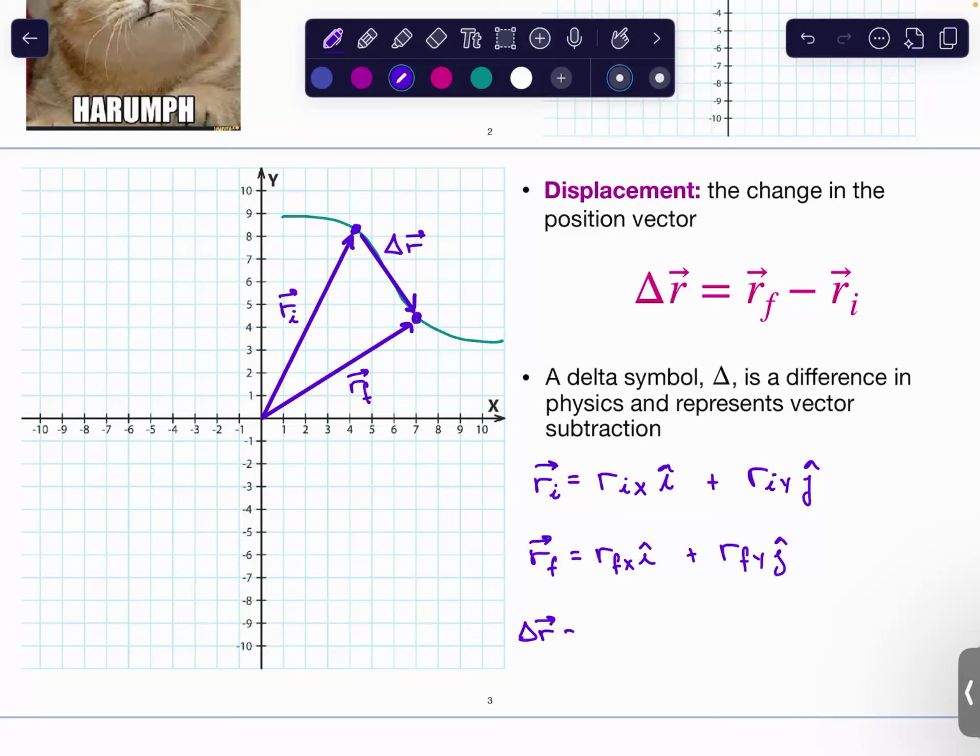My delta R is R final minus R initial. So what I'm going to get is R final X minus R initial X, i hat, plus R final Y minus R initial Y, j hat. So it's the same format as adding the vectors. You're just going to subtract them this time.